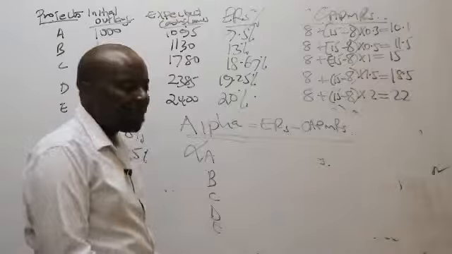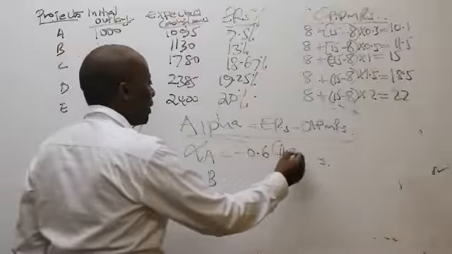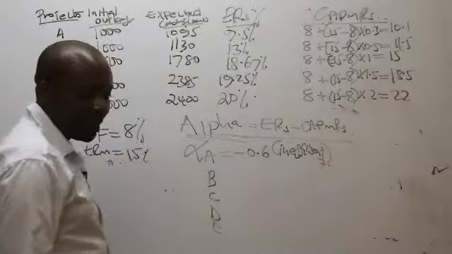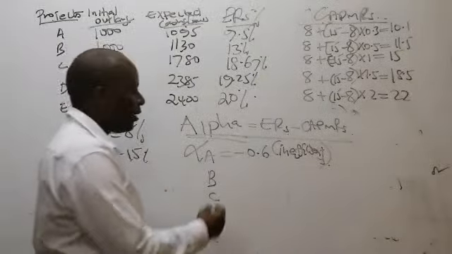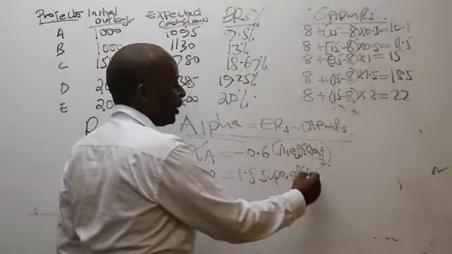So A, Juliet gives me negative 0.6, and she's telling me that this one is inefficient. B, she's telling me it's 1.5, which is super, but I'm not getting anyone who is really confirming these figures.